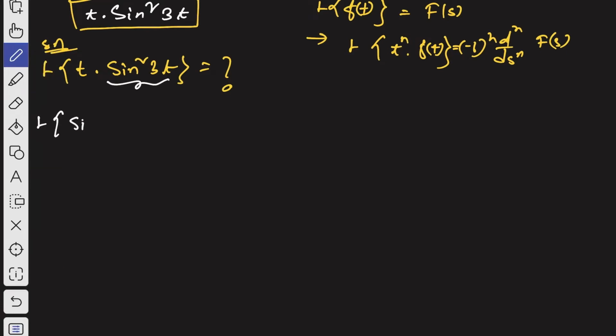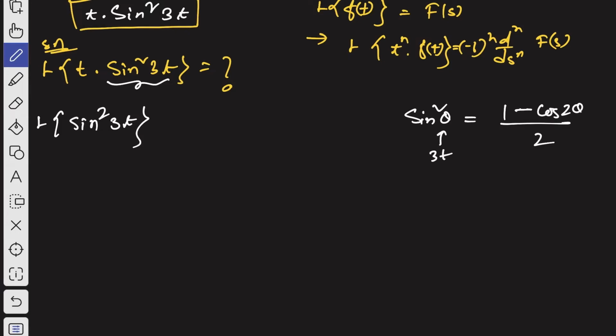So the Laplace transformation of sine square 3t. Here we are going to apply that sine square theta, we know, is 1 minus cos twice theta by 2, right? So here theta is nothing but 3t. So here 2 theta will be 6t, right?